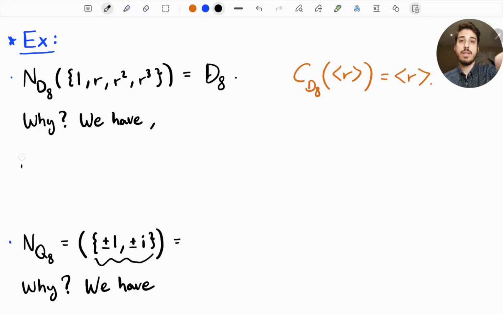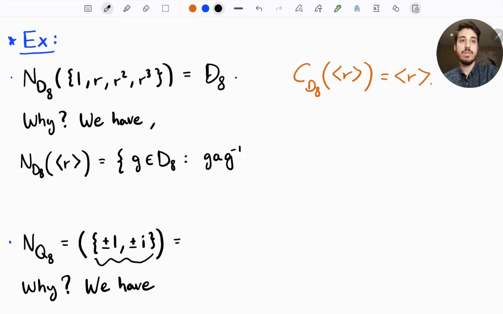Here, the normalizer in D8 of the subgroup generated by R, by definition, is equal to all the g in D8 such that g a g inverse is an element in the subgroup generated by R for all a in it.